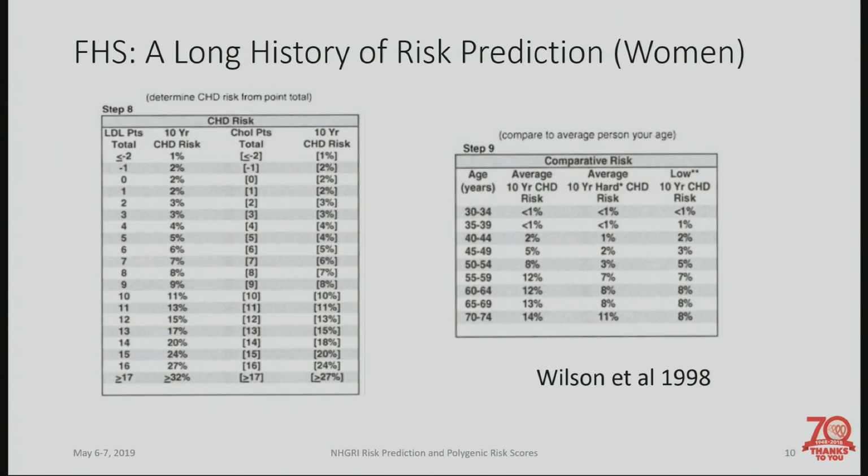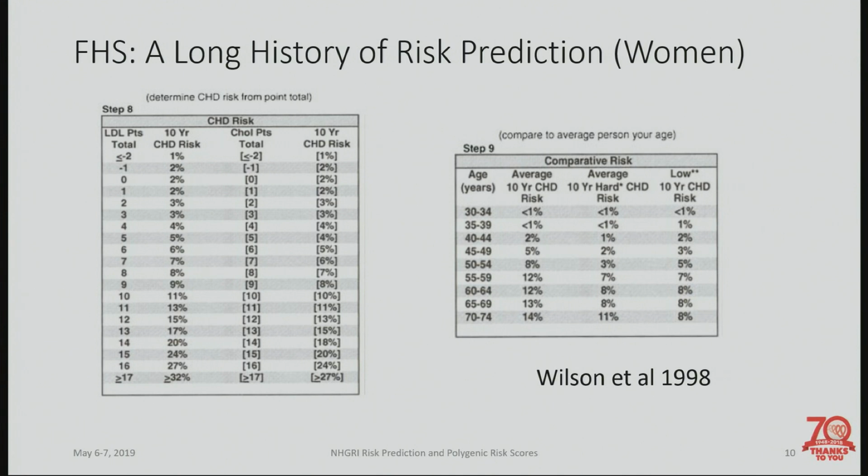So if you totaled up your points and you had 10 points, your risk was 11% if you were using LDL cholesterol in your prediction model. If you were using instead cholesterol, your risk was 10%. And then you could compare that based on your age, and this points out, I think, that age is probably the most important risk factor for cardiovascular events.